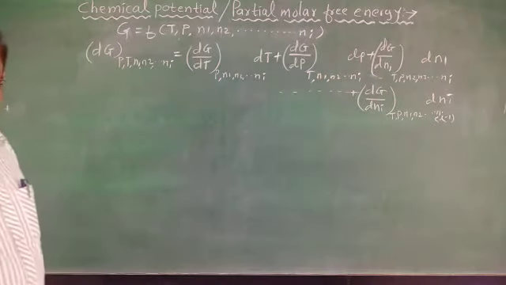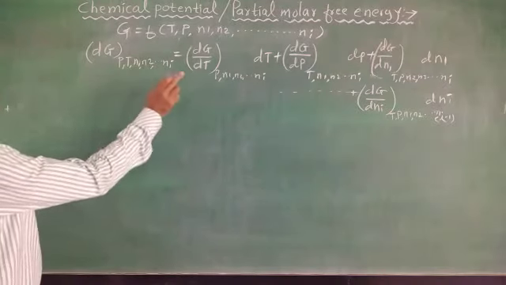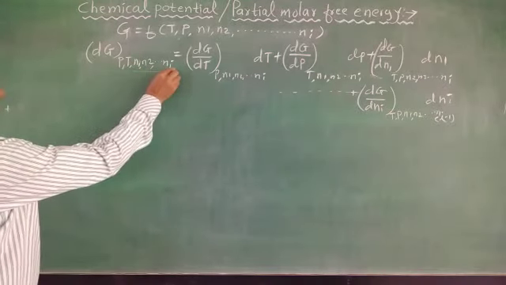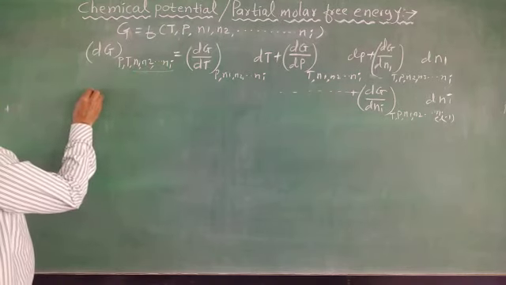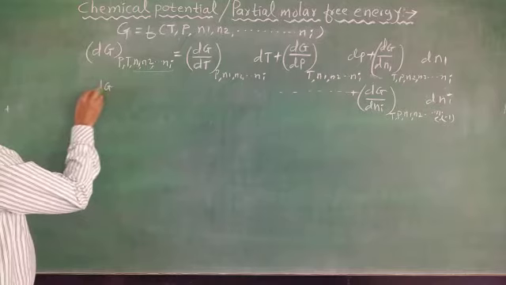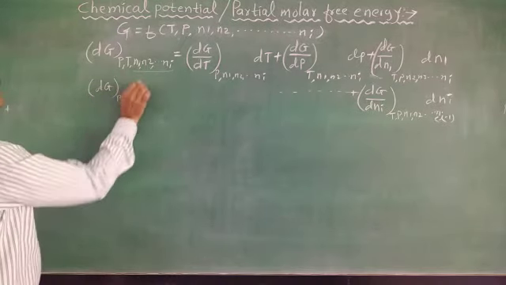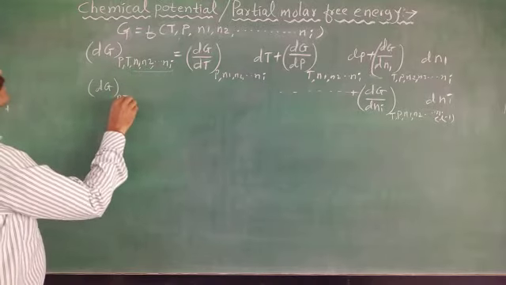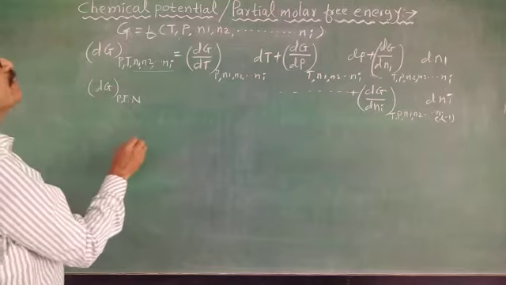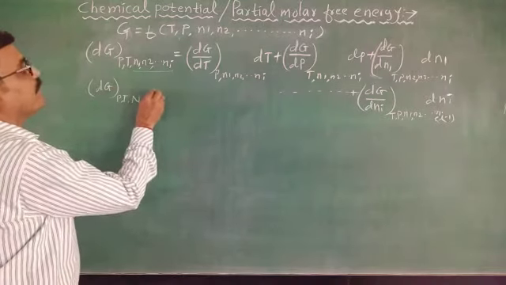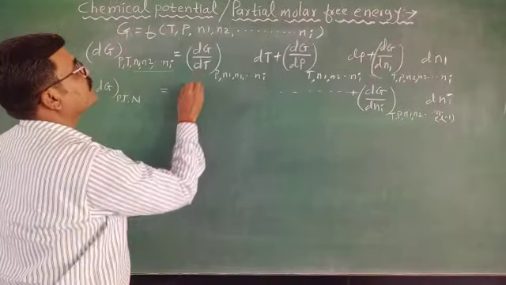But if the temperature and pressure are constant, we may consider N1, N2 up to Ni as capital N. That's why dG at constant pressure, temperature and capital N, where N1 to Ni is considered as capital N, will be equal to, all remaining as it is.